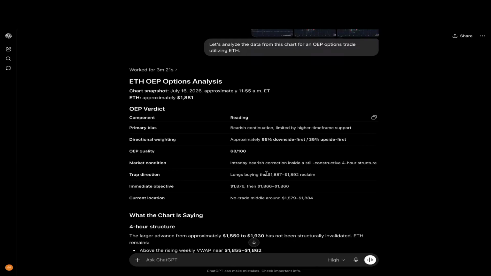So the market condition is intraday, which means from day to day, from yesterday to today. That would be an intraday scenario. So: an intraday bearish correction inside a still conservative 4-hour structure. Basically what that means is there's a correction from yesterday.